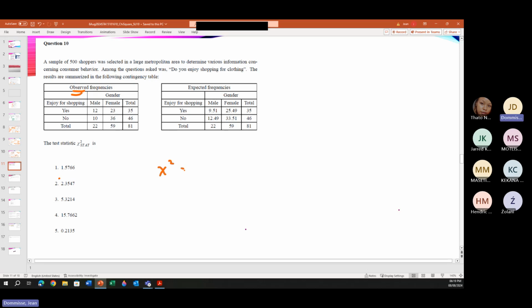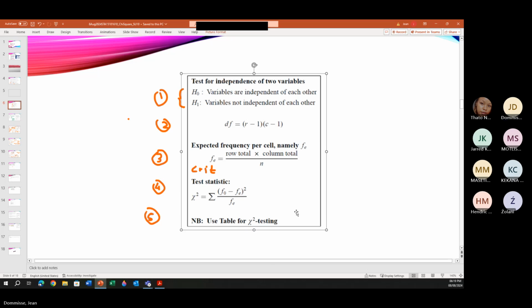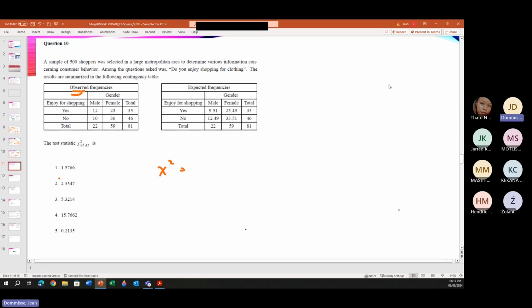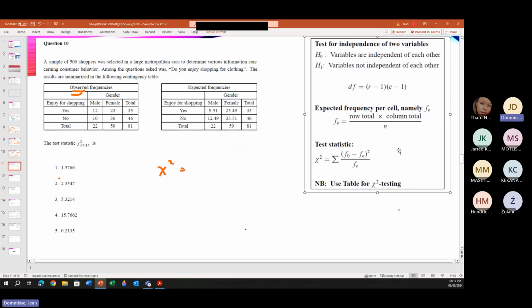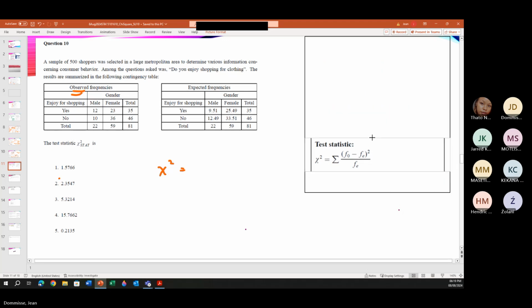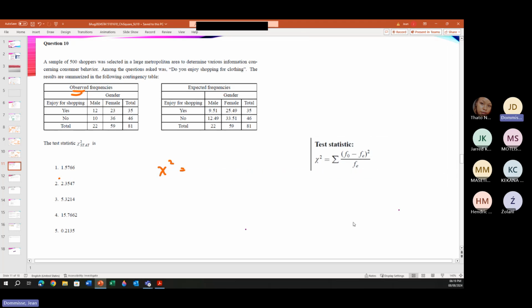Remember the formula, and we can paste that formula back in so that we don't make a mistake. I'm just going to look at that component because that's all that we need for this one.